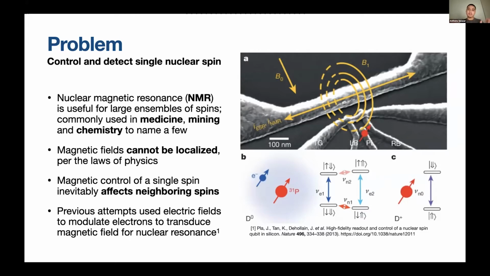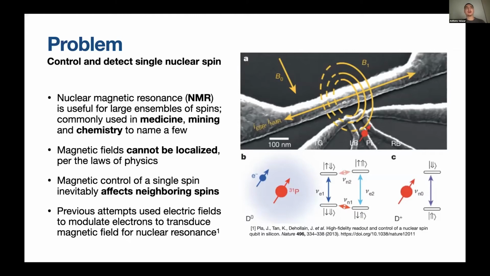This uses the hyperfine interaction between electrons and the nucleus. And essentially, from the nucleus's perspective, the motion of the electron and the transitions of the electron between energy levels is a magnetic field from the perspective of the nucleus, as we actually learned in this class.